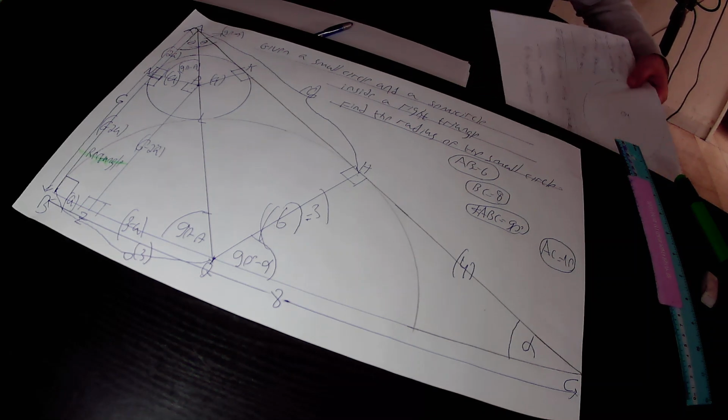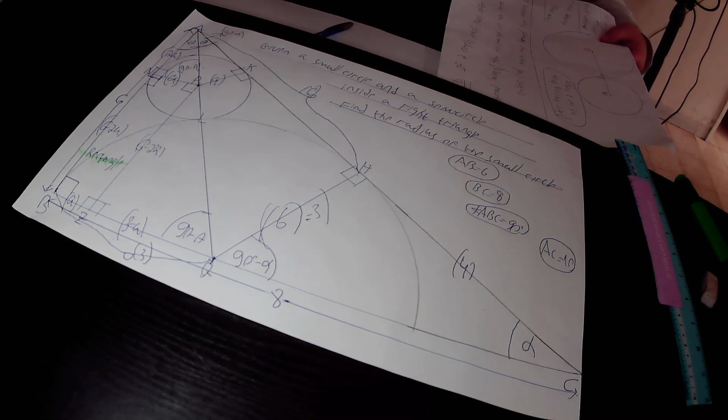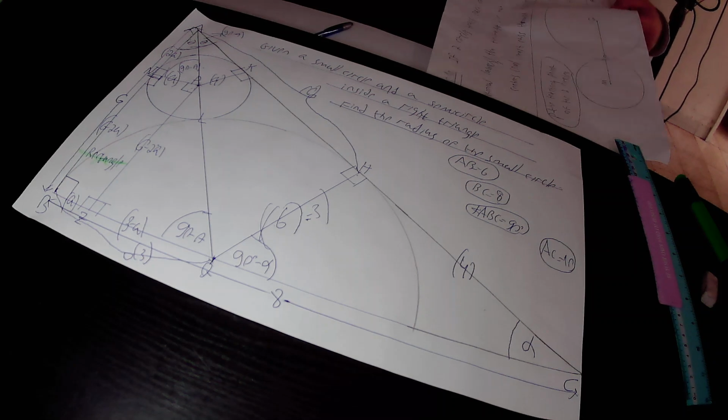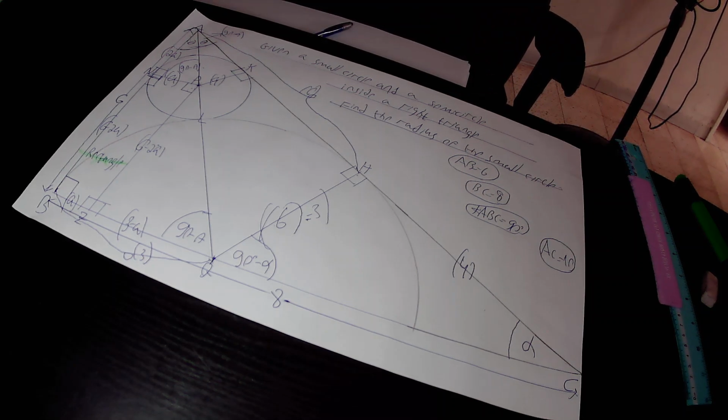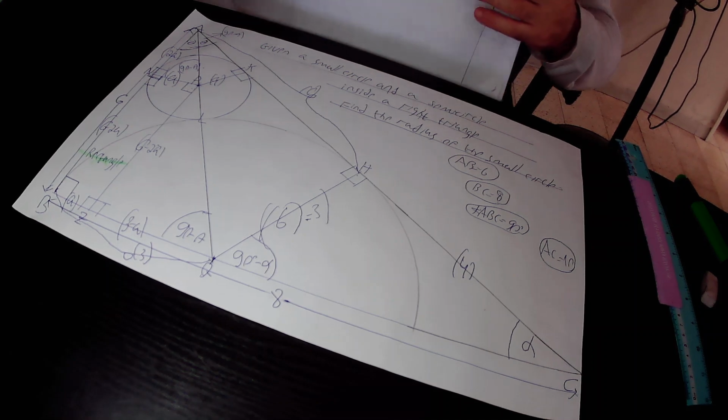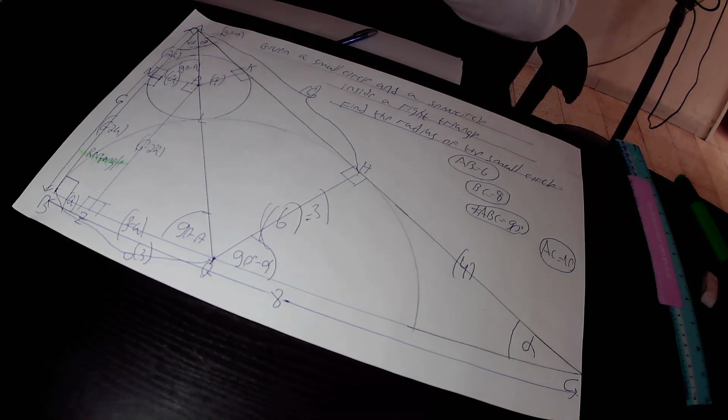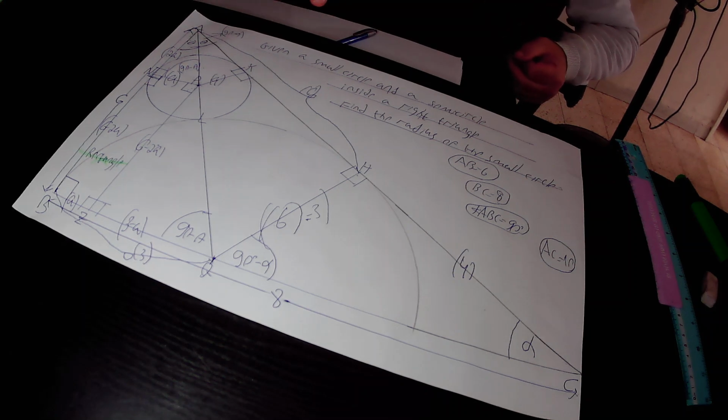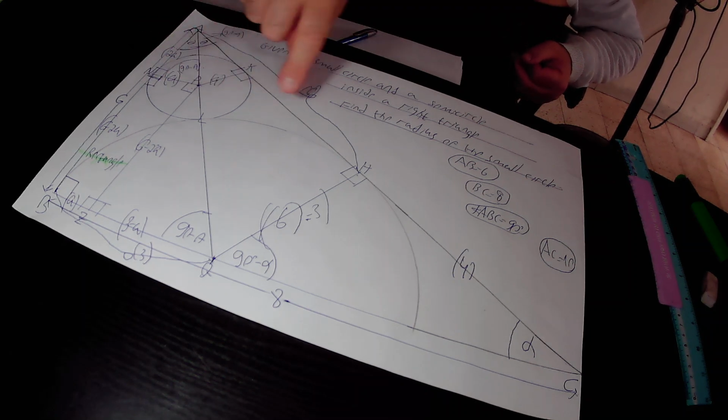Why? Because in our drawing, we have an external notch between this small circle and this big semicircle.